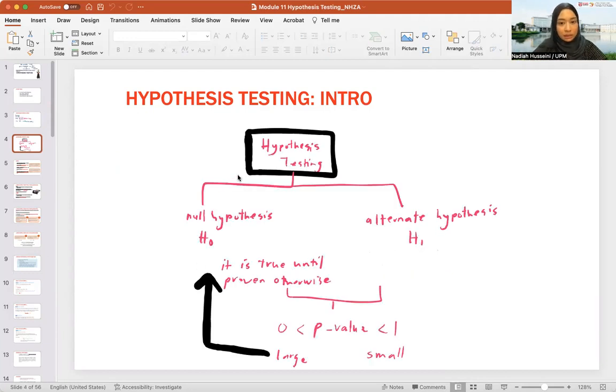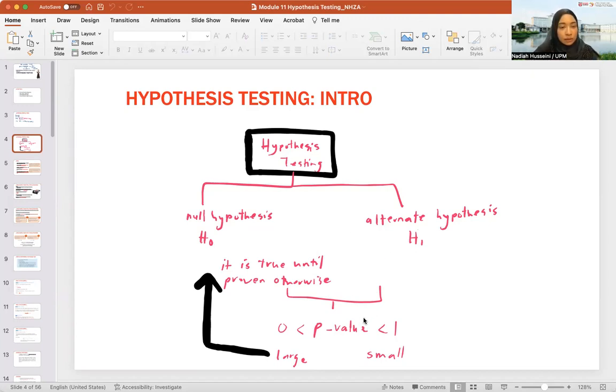Then I told you guys about hypothesis testing. Basically, you need to have two statements. The first one is called the null hypothesis, and we denote this as H0. The second one is the alternate hypothesis, which is H1. From these two hypotheses, we will calculate the p-value, and we calculate the p-value using a z-score. I think we haven't gone through that one yet.